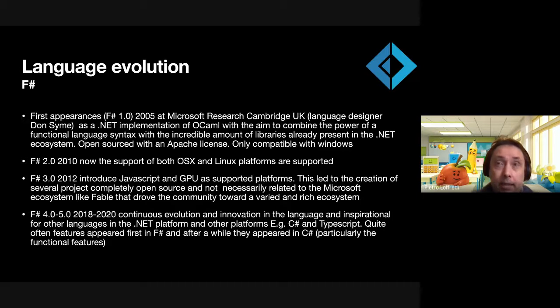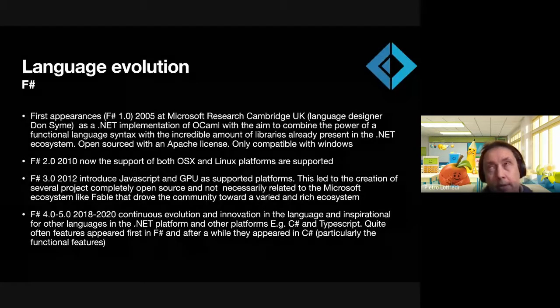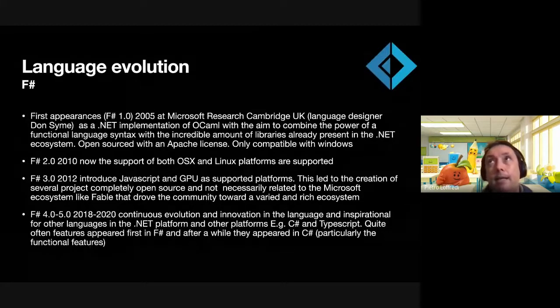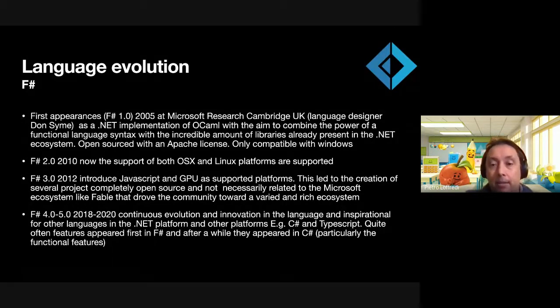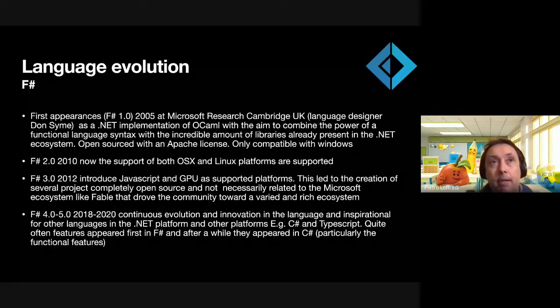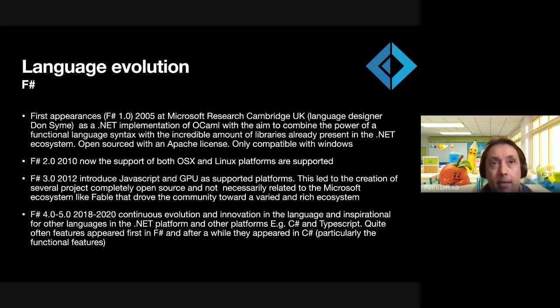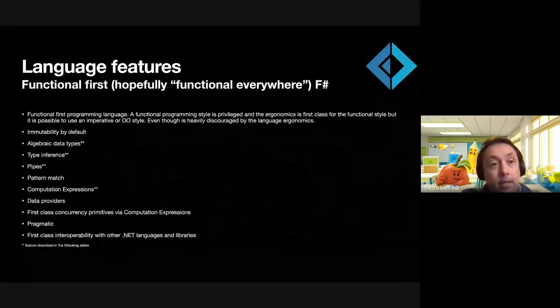Quite often, innovations appeared first in F Sharp, and some years later in other programming languages, specifically object-oriented ones like C Sharp, particularly the functional features. And F Sharp, in some way, helped the transformation of C Sharp from a completely imperative and object-oriented language into a more functional one, so to speak.